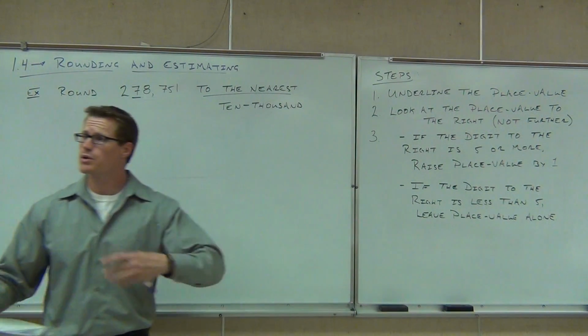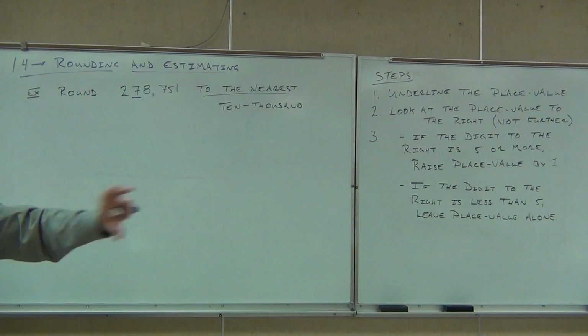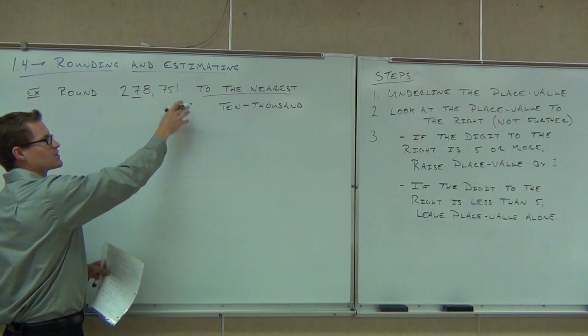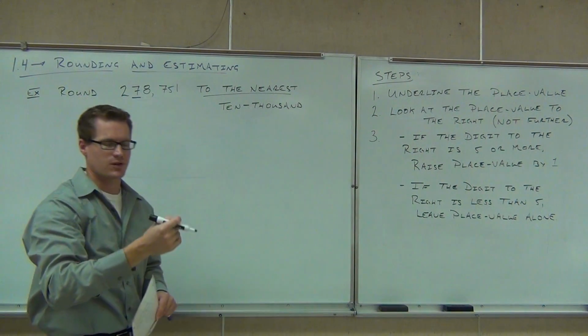However, in either case, what we're going to do is we're going to follow the place value with all zeros. That's what rounding does. It says these numbers, we just want to find out the nearest 10,000. We don't really care so much about the specifics.